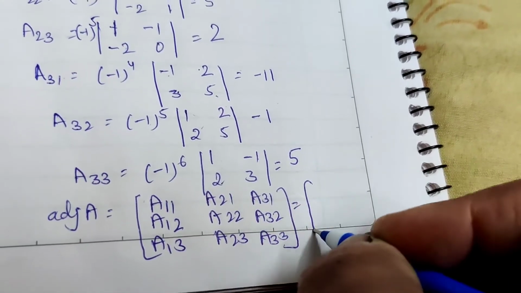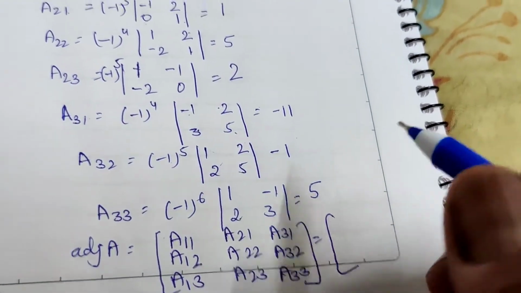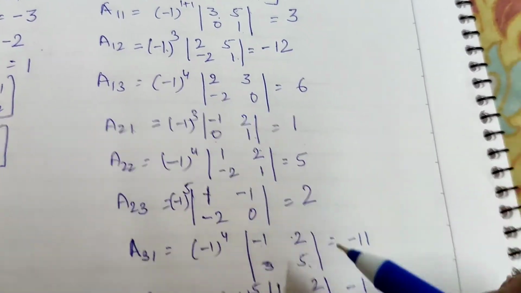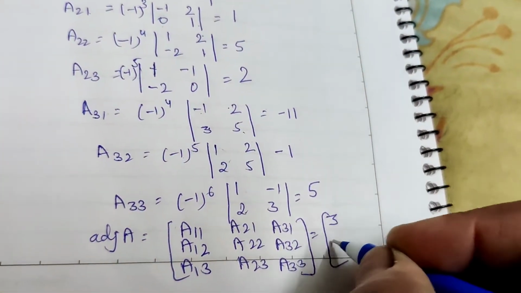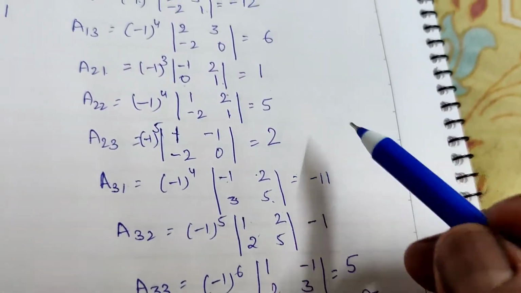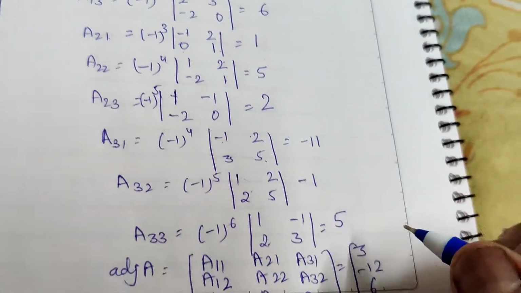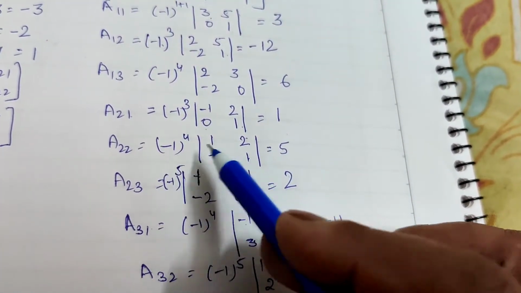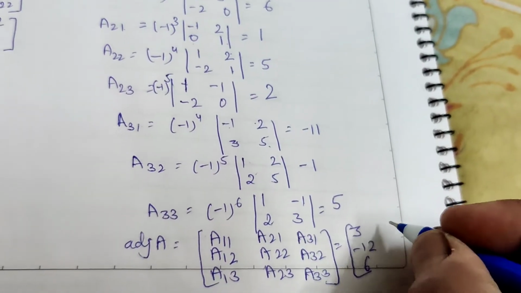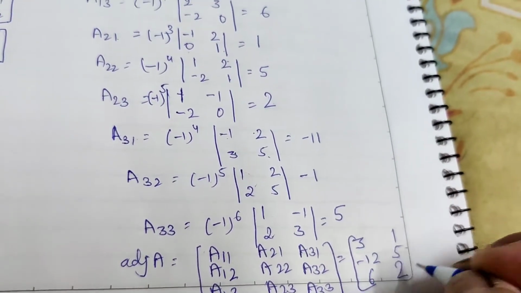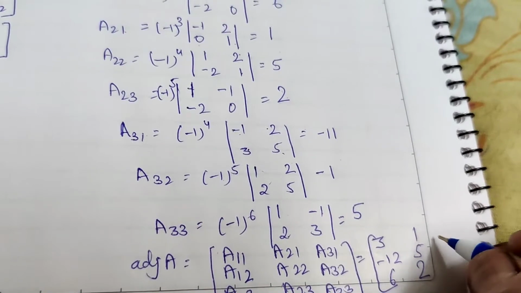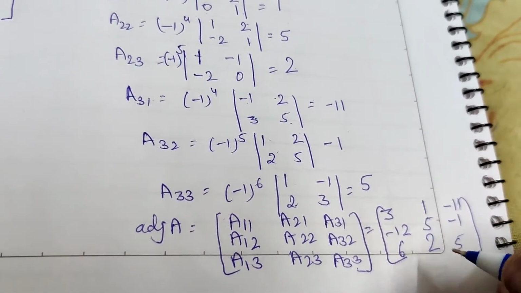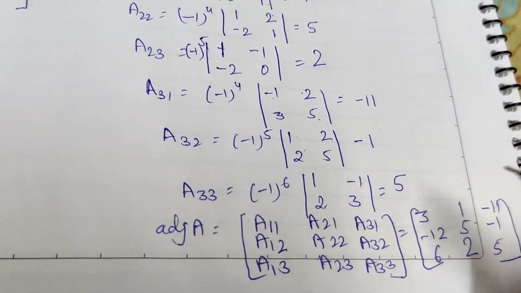Now the values: A11, A12, A13 are 3, minus 12, 6. Second row: 1, 5, 2. And the third row is 2, minus 11, minus 1, 5. This is the adjoint of the given matrix.